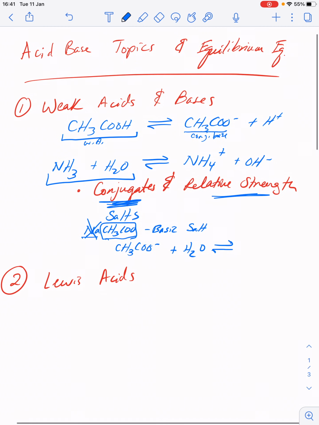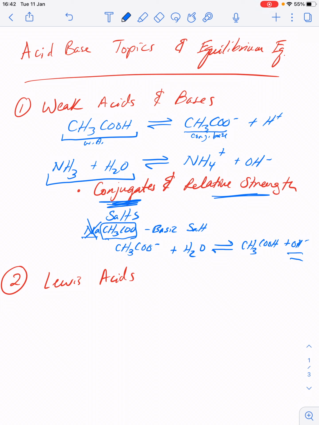So now it's going to turn into its conjugate acid, and it would also yield some OH minus ions in solution. So you can illustrate that this ion is basic by showing it reacting with water, accepting protons from water, and it also yields OH minus in solution. We know that if we yield OH minus in solution, that's going to make the pH rise.